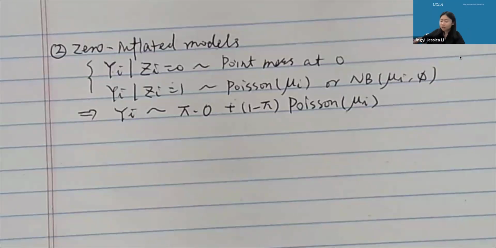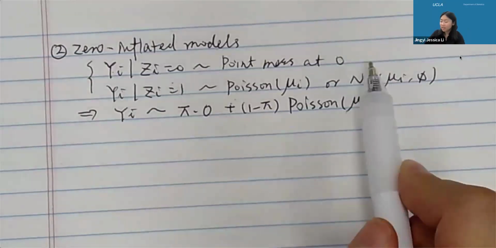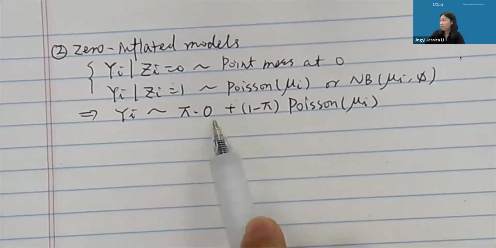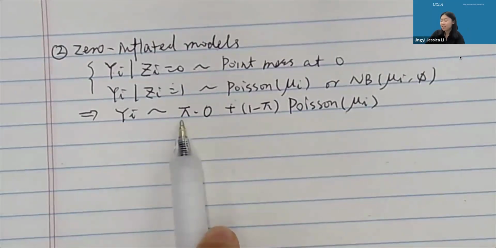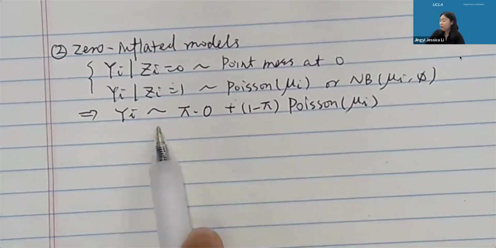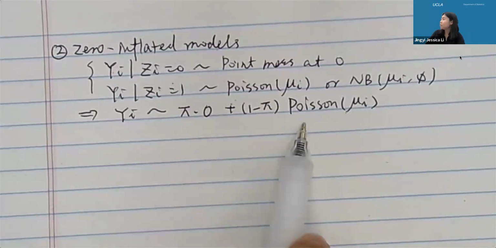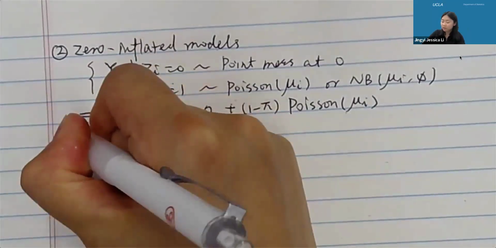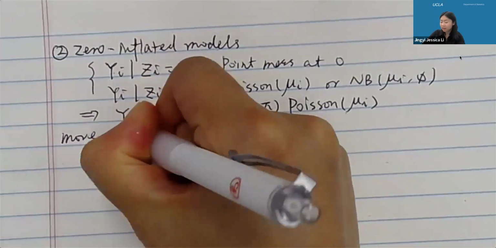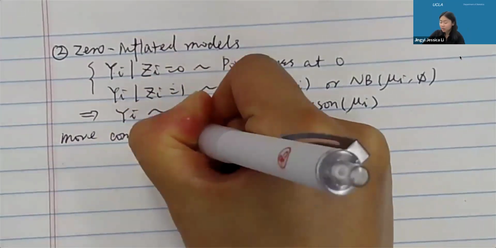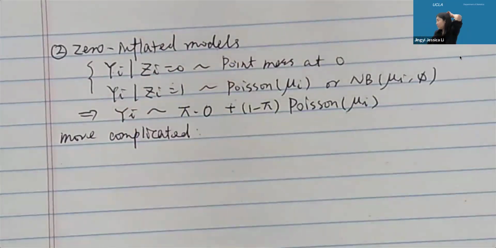That's it. And one more thing I want to say is that you can even make this model more complicated by making this pi not common for all the observations, but specific to i. What I mean is that if you go another layer of complication, you want to say that for different observations, the zero inflation can be different.